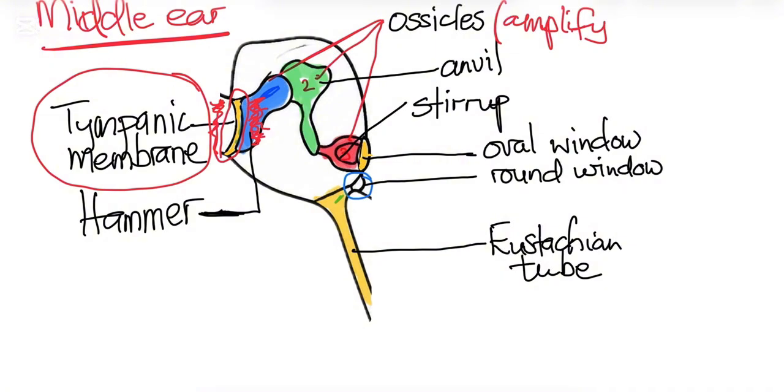That is why pressure must be equalized on both sides, so that it continuously vibrates freely without any hindrance. Otherwise, the hearing process can be affected negatively.